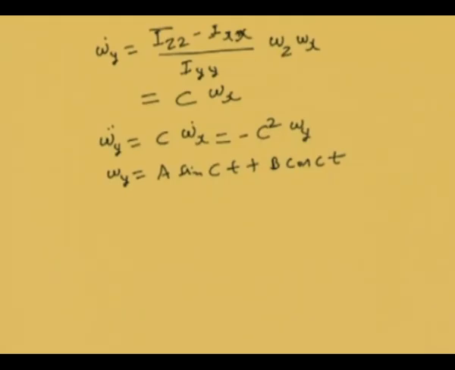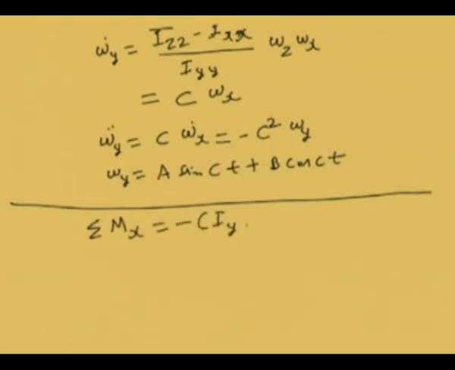Now if the angular velocity is constant, then what happens? There will not be any dot terms. Sigma mx will be minus (Iyy minus Izz) omega y omega z.